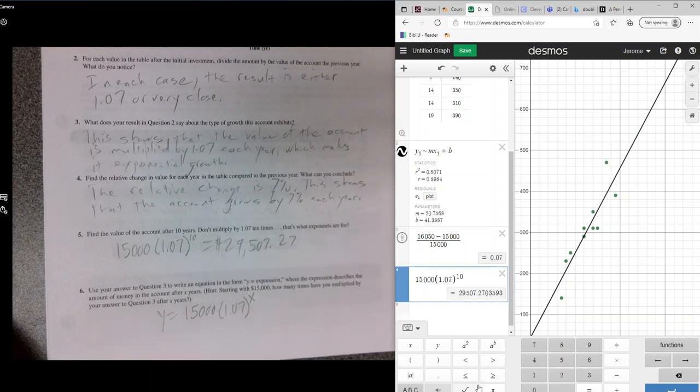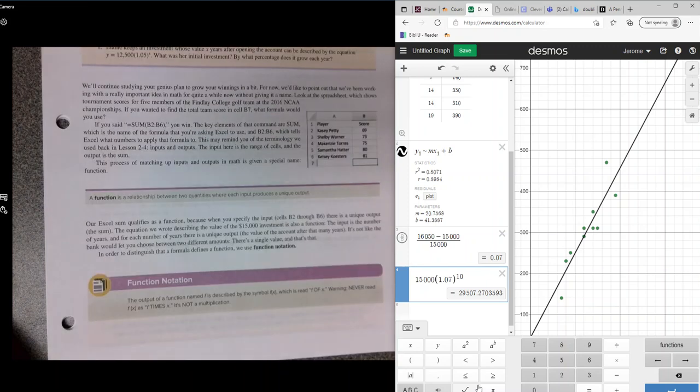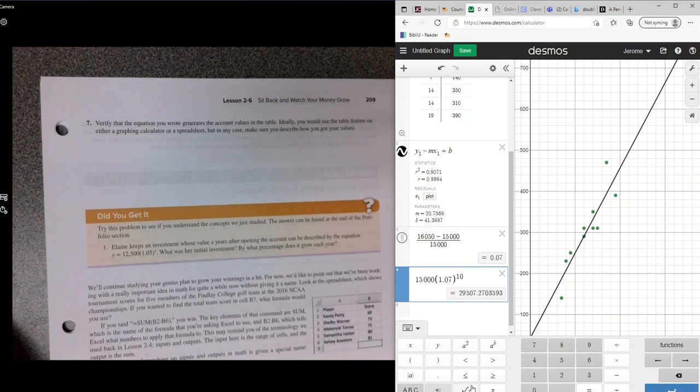Now, we move on to the next page. It says verify that the equation you wrote generates the account values in the table. Ideally, you will use the table feature on either a graphing calculator or a spreadsheet. But in any case, make sure you describe how you got your values. Okay, now we're going to type this into Desmos.